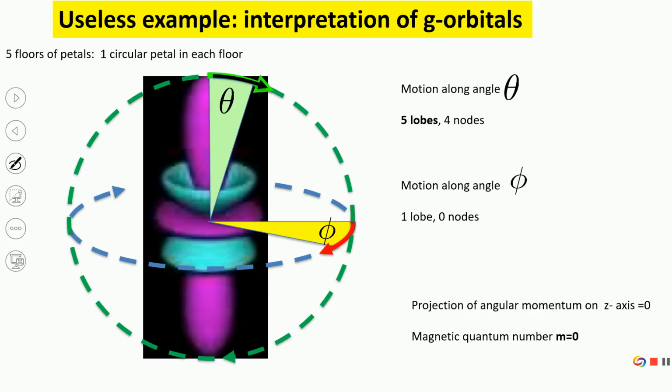If it doesn't rotate in this phi angle, and it rotates only out of plane, then there will be nodal planes in these other spatial regions. So this example corresponds to rotational motion only out of plane.